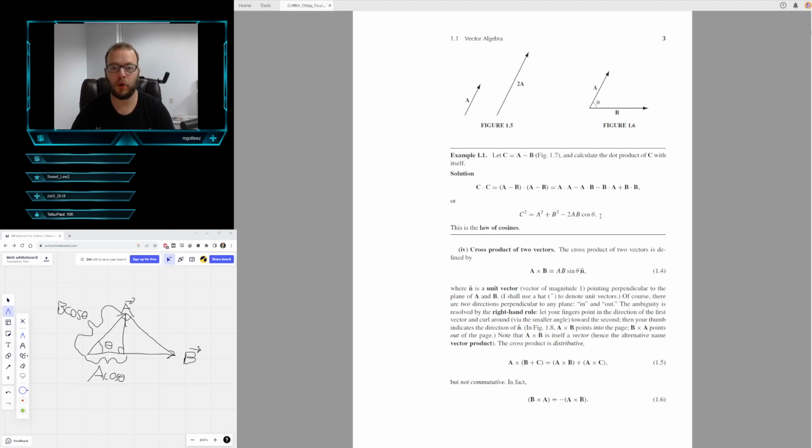But it's pointing perpendicular. In this definition, A cross B is AB sine theta times n hat, where n is perpendicular to the plane created by A and B. What does that mean? If you have any two vectors pointing in any direction, you are defining a plane.